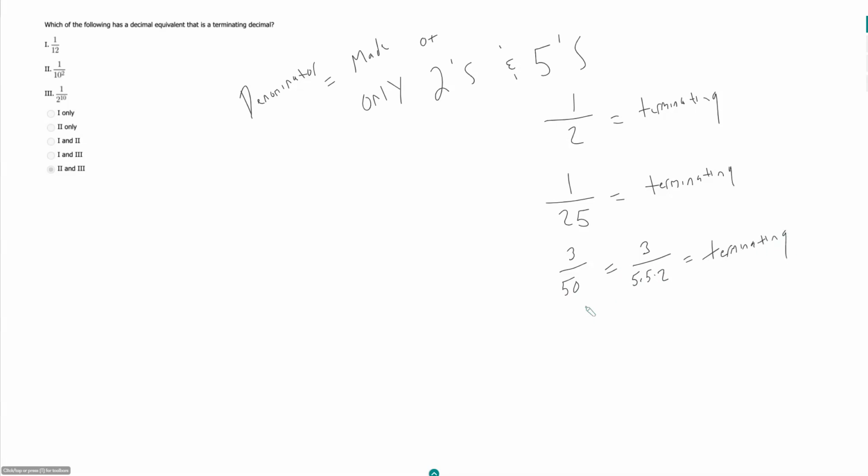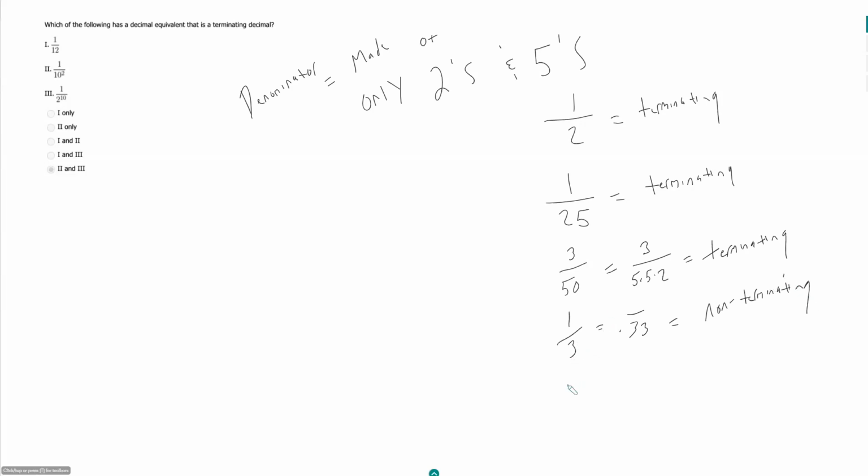And then something like 1/3, which is 0.33 repeating. So this is non-terminating because we don't have any 2s or 5s. We just have a 3.